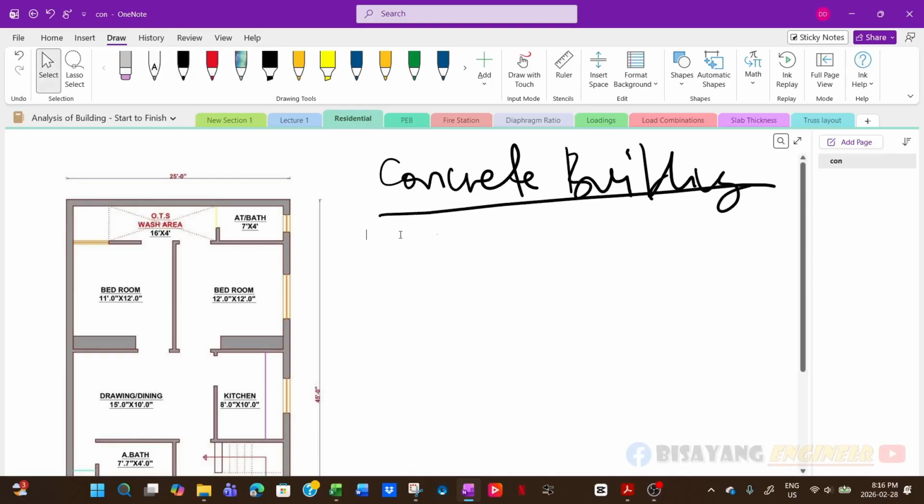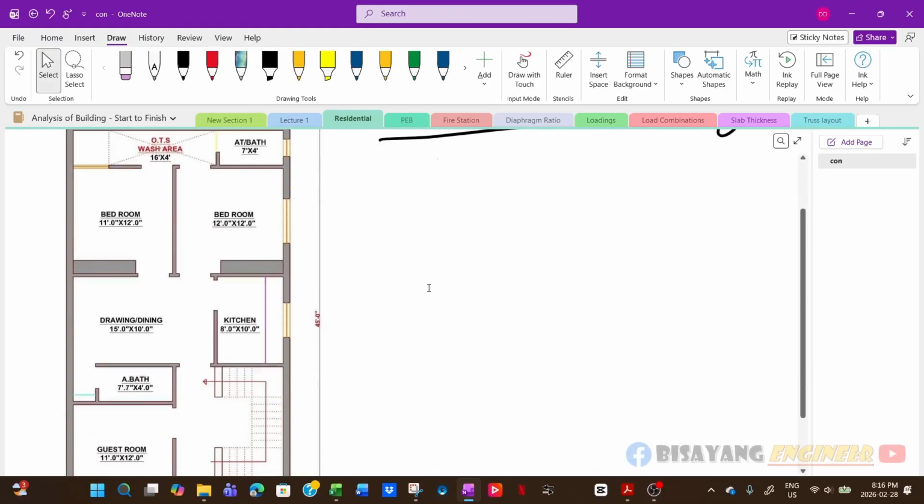So once you receive the architectural plan, we already discussed loadings, like you have to evaluate the plan. Now in this video, like I said, it will be focused on framing plans.